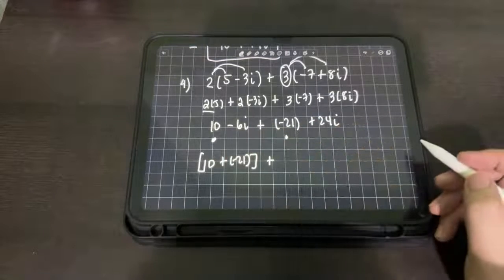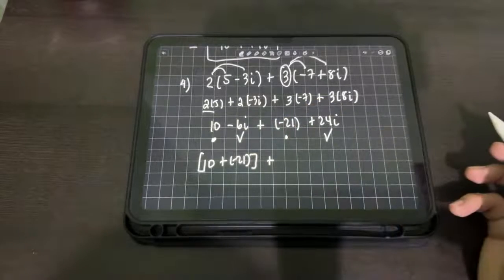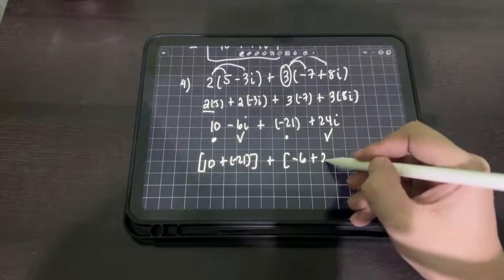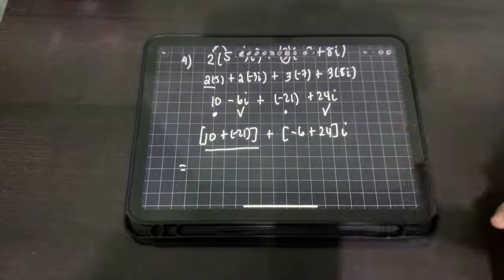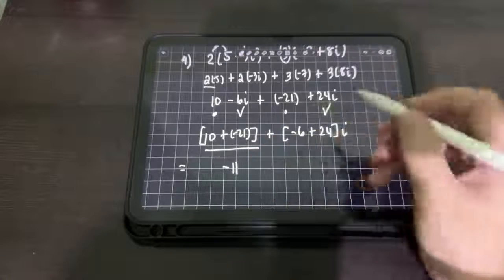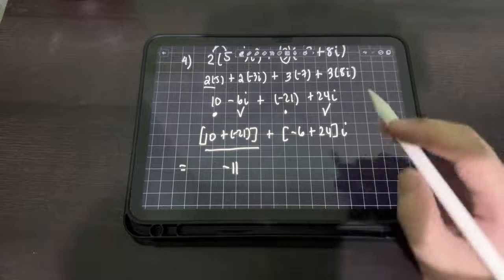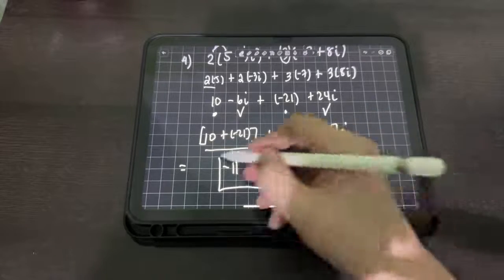Then for the imaginary part, we have negative 6i and 24i. So we have negative 6 plus 24i. Simplify, 10 plus negative 21. Okay, that will be negative 11, right? Then for the imaginary part, negative 6 plus 24, positive 18i. So this is the final answer.